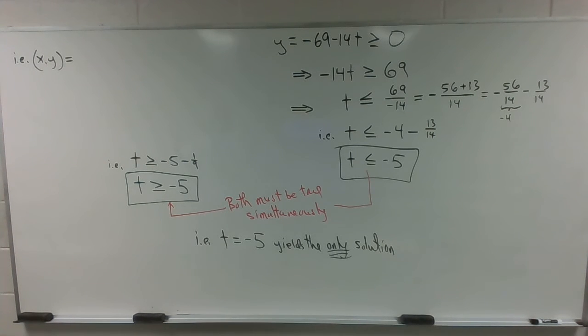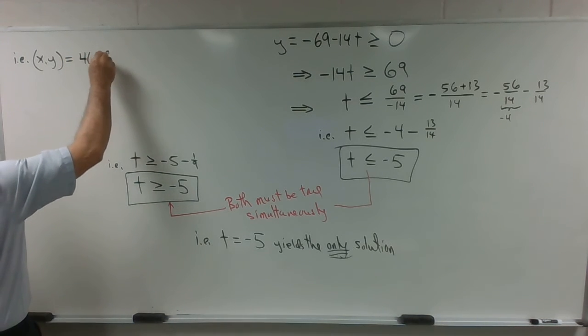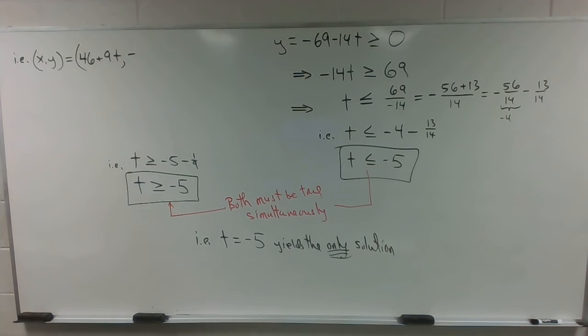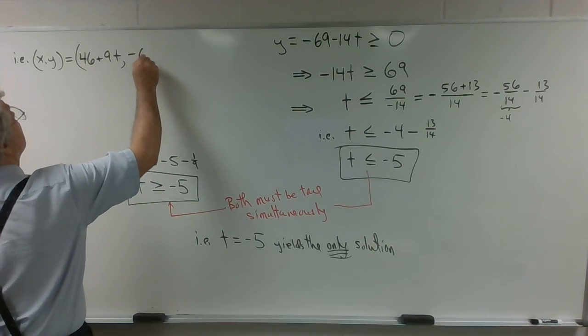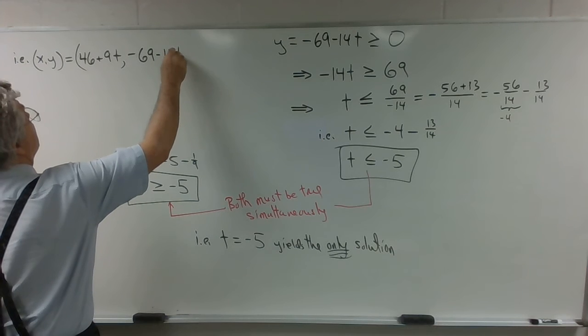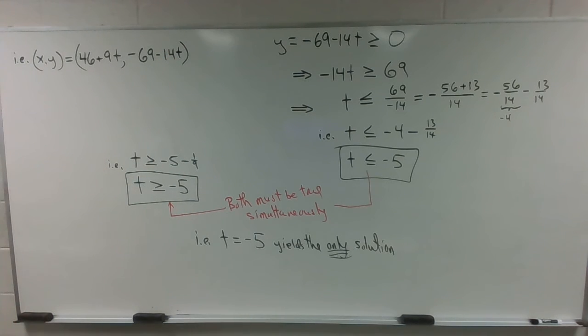What was my solution again? Let's see, 46 plus 9t. And what, negative 69 minus 14t. Is that what it was?